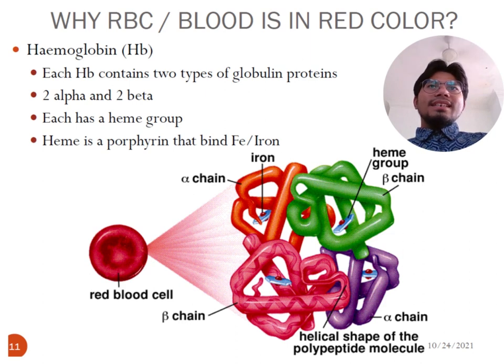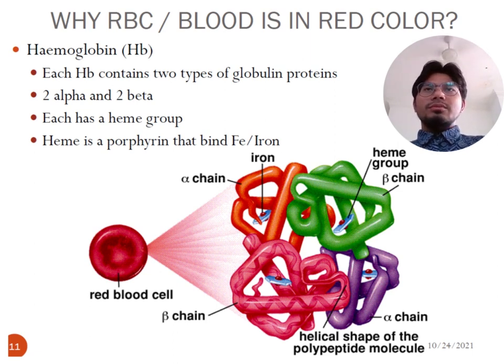Why is our blood red in color? Actually, there is a reason. Since the red blood cell is involved in carrying oxygen from outside to a working muscle, for example, we need something that can bind with the oxygen.